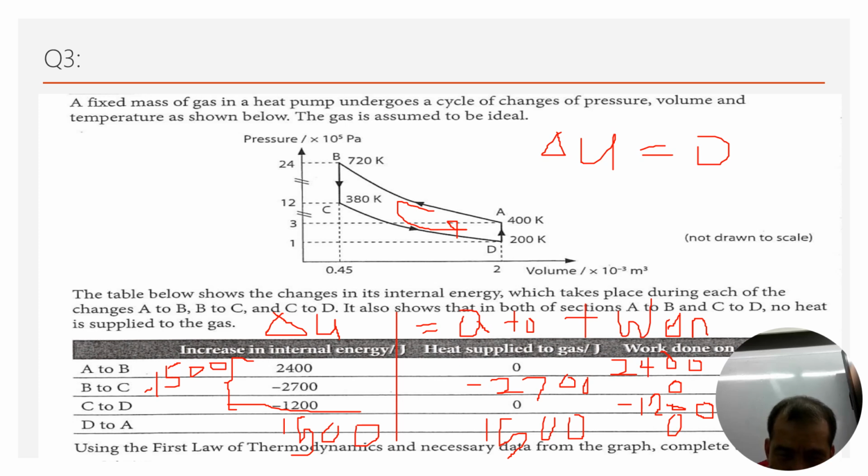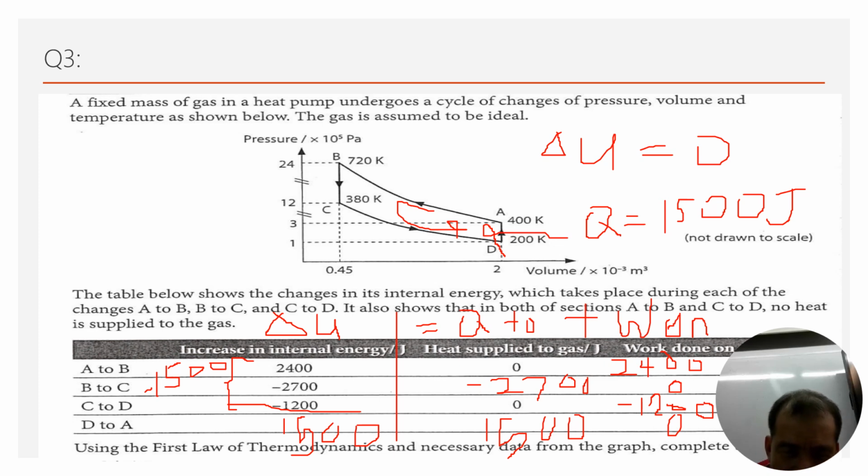Meaning to say, from D to A, if I want to put this information in, it means that here I inject heat to the system. My Q that I injected is 1500 joules of heat energy, just to make some sense of the numbers in the table. When you look at it, you realize that from B to C, I'm extracting heat, minus 2700.